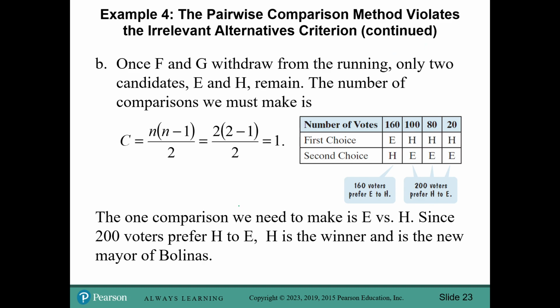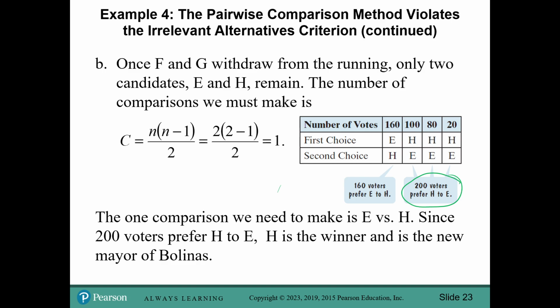In our tally chart, in our first comparison, E gets 160. In our second, third, and fourth comparisons, H gets 100, 80, and 20 respectively. So H gets 200 voters in this comparison.